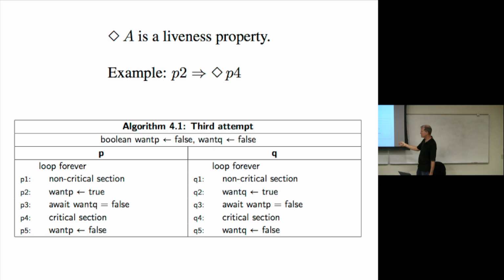Well, if this is the statement that's going to execute next, then what is P wanting to do? He's wanting to get into his critical section. So hopefully, if P2, that implies what? Eventually P4. And did you see why that's like fairness? If this individual wants to get in, eventually he will. So this is how we formalize it. Are we good?